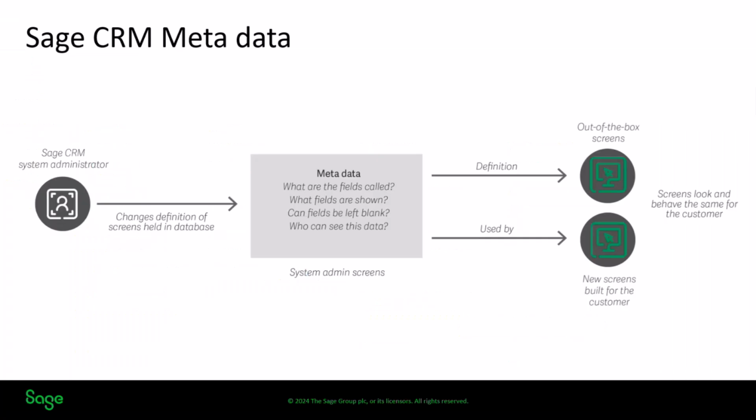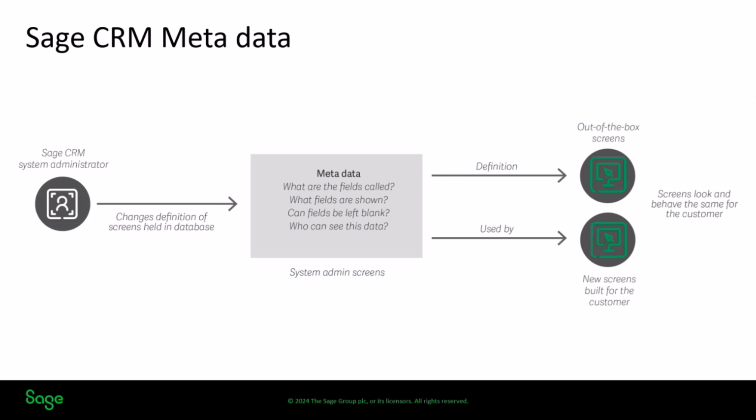So if we start to think about what we're doing here, we're changing aspects of the metadata. Now, metadata is the data about the system. And the system database holds the information around how the interface should be built. Very often we're thinking in terms of metadata when it comes to the definition of screens.